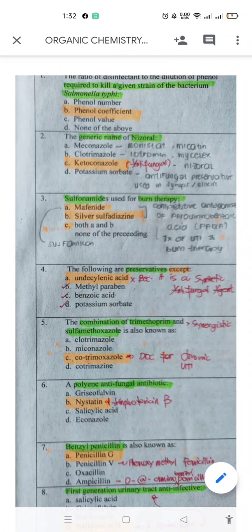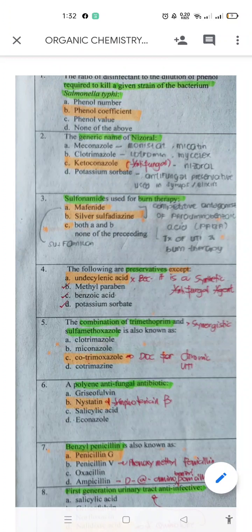So sulfonamides generally are used in the treatment of your urinary tract infection and for burn therapy, and examples of this are your mafenide and your silver sulfadiazine.